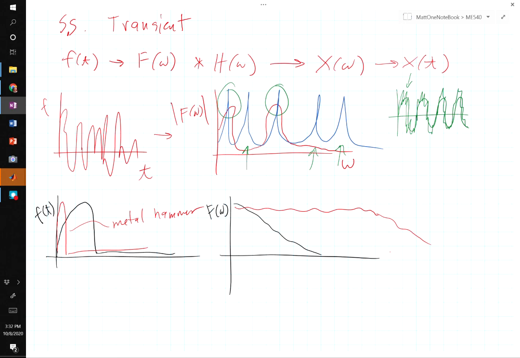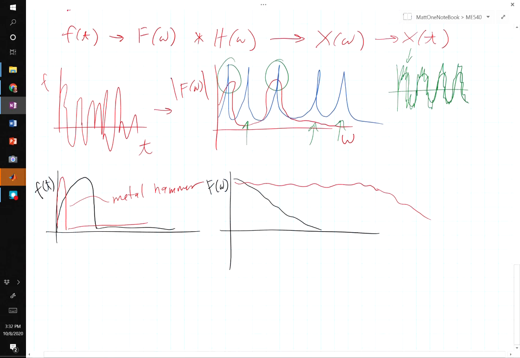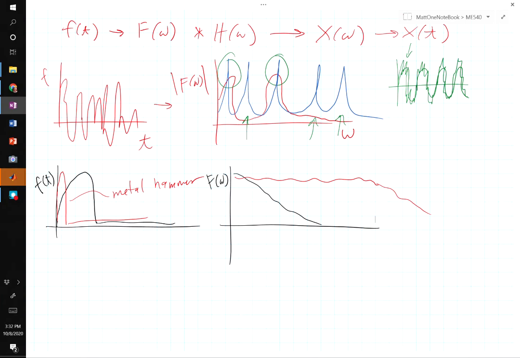So we use this for all kinds of things. We're going to use this to understand sensors and to understand what sensors are capable of measuring and what they aren't. All sensors, it turns out, have transfer functions. So, the H of omega for a sensor, some of the sensors we're going to see have transfer functions that look like this.